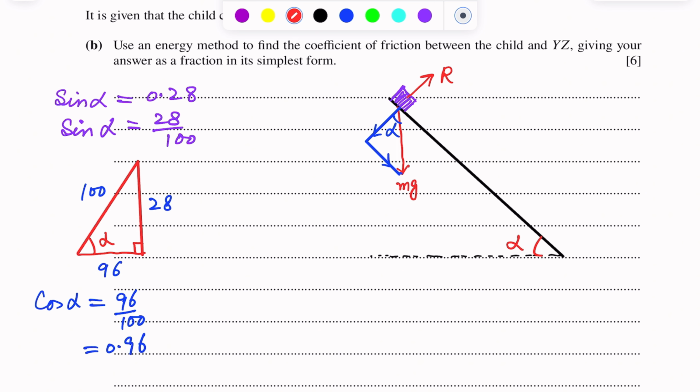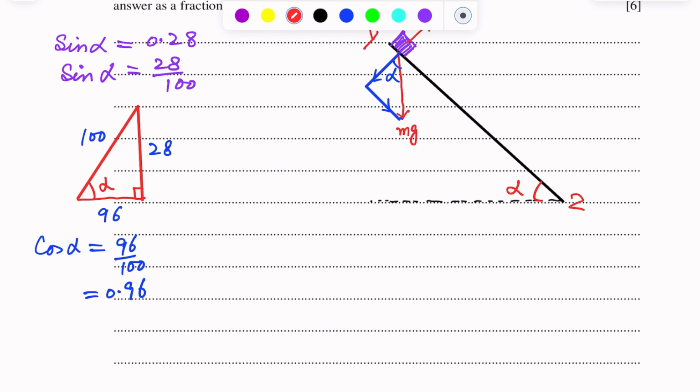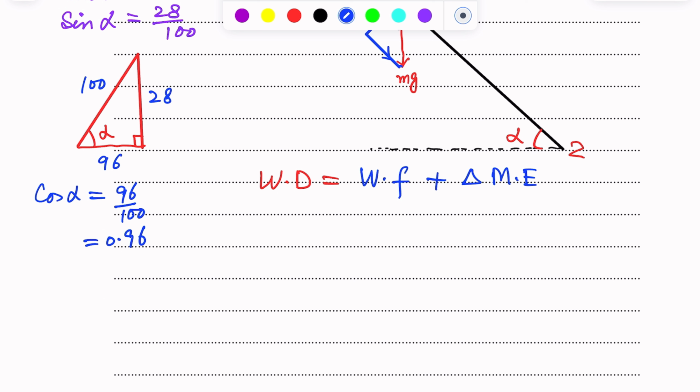This point is Y and this point is Z. Again we are using this formula: WD, work done by driving force, is equal to work against friction plus change in mechanical energy. Let this be equation number 1 for reference.